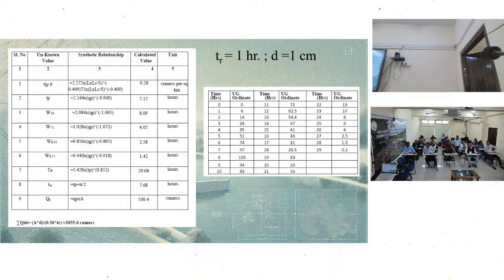It cannot be like you are having 1056 and there you have 105. It has to be very close. Because it's a mathematical operation, some small errors are okay, but not large ones. So, whenever you derive a synthetic unit hydrograph, match it with this value. That is required.